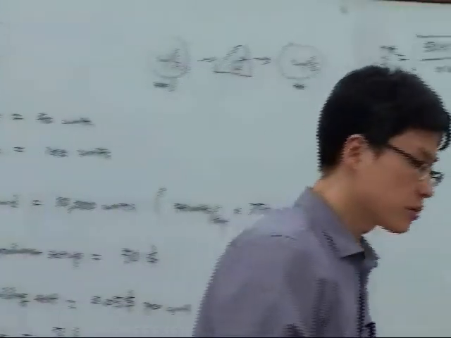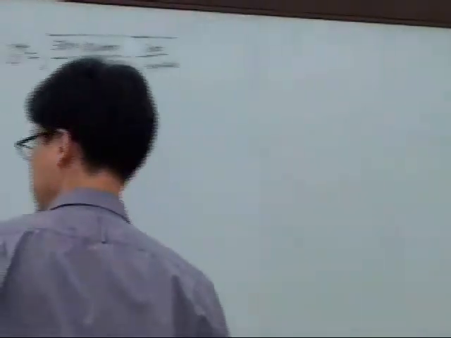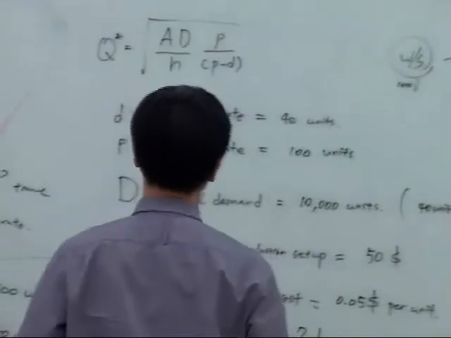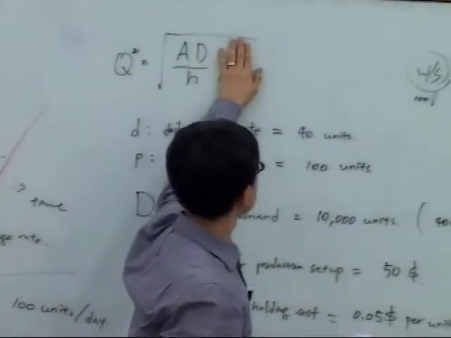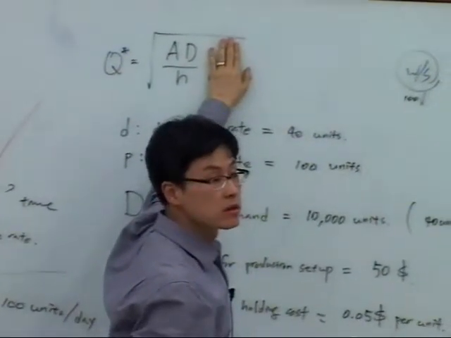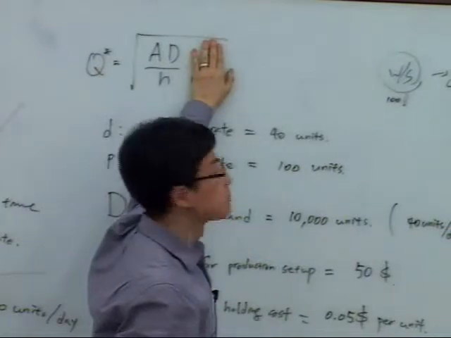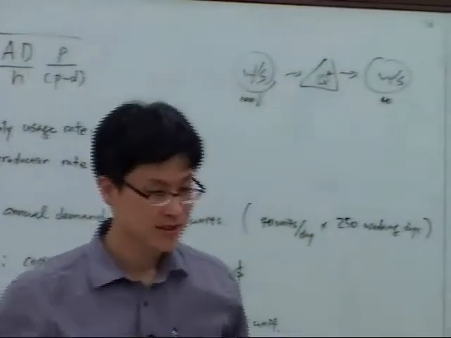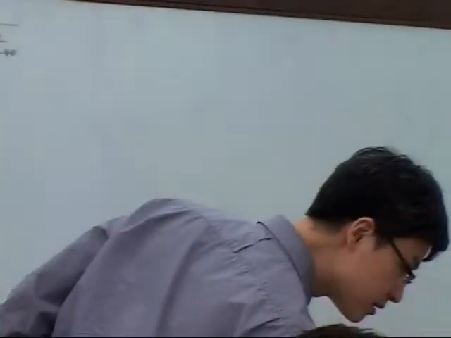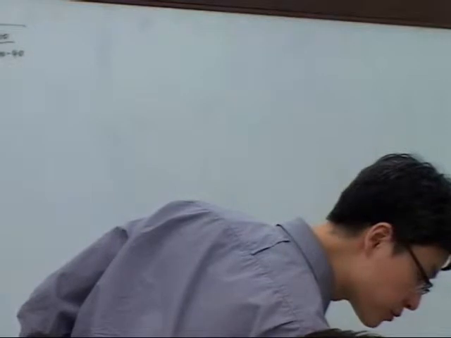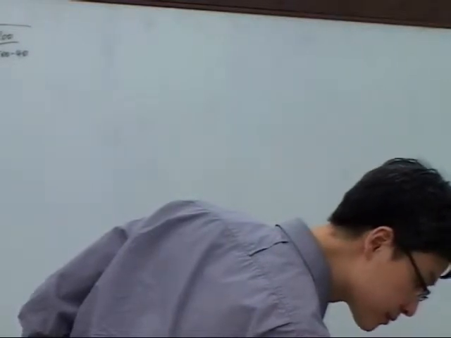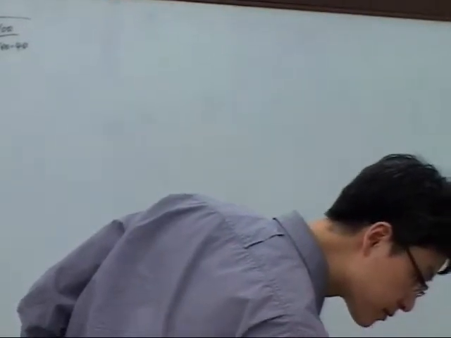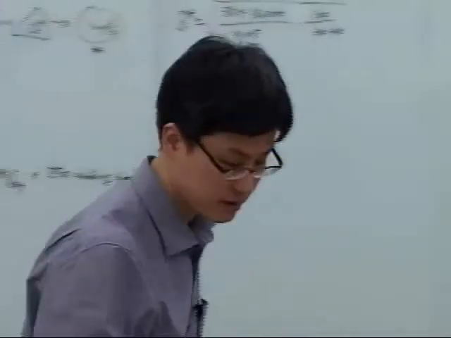Do you have the lecture note about the EOQ model? Is this the correct EOQ model? I'm just confused. Isn't there a number 2 somewhere?